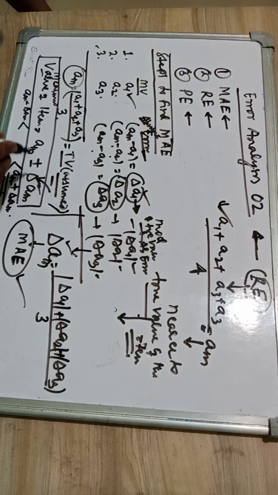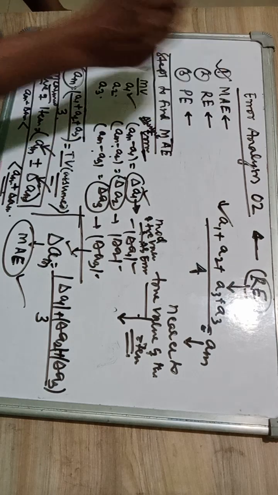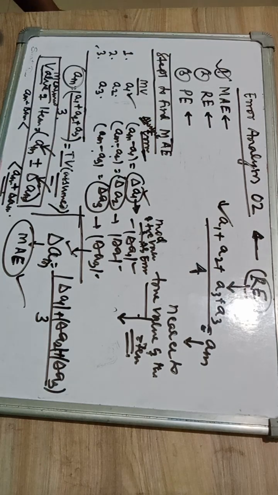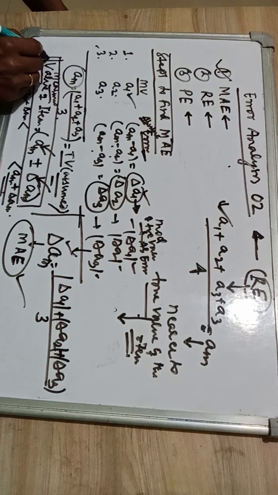This is the error part and this is the assumed true part, and considering both, that will be the measured value of any quantity. In this way we can find the error part and the measured value of the item.